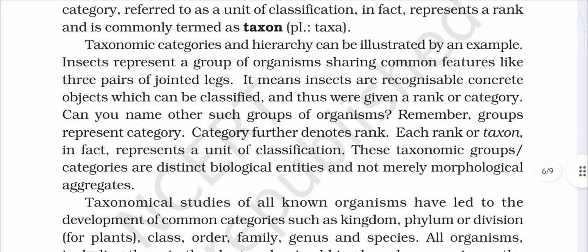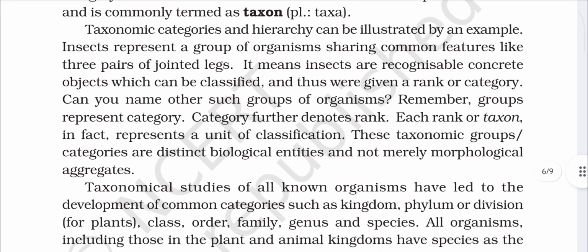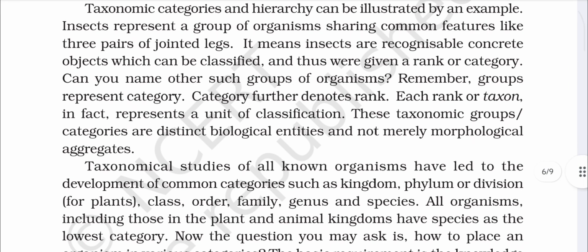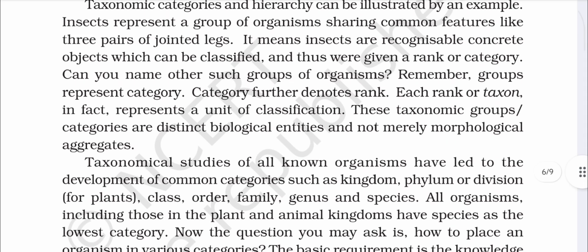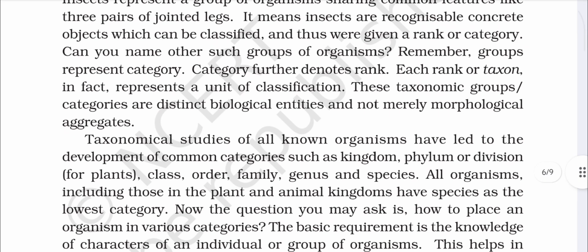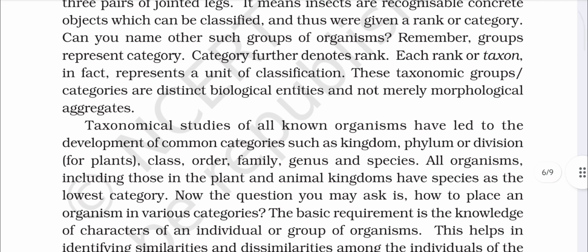Insects represent a group of organisms sharing common features like three pairs of jointed legs. It means insects are recognizable concrete objects which can be classified, and thus are given a rank or category. Can you name other such groups of organisms?